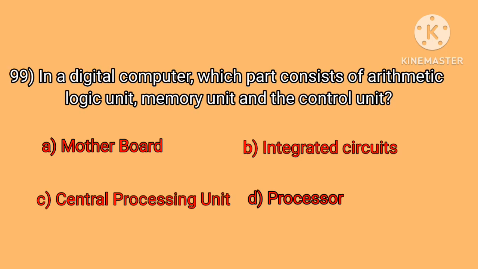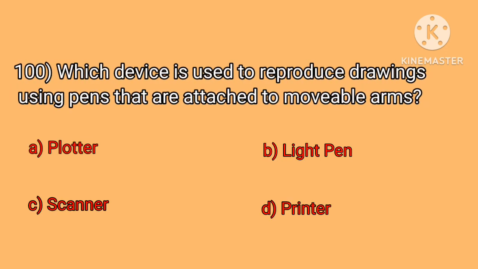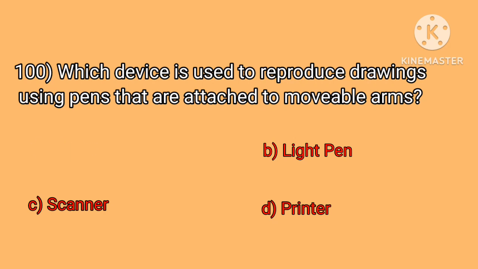In a digital computer, which part consists of arithmetic logic unit, memory unit and the control unit? Central processing unit. Which device is used to reproduce drawings using pens that are attached to movable arms? Plotter.